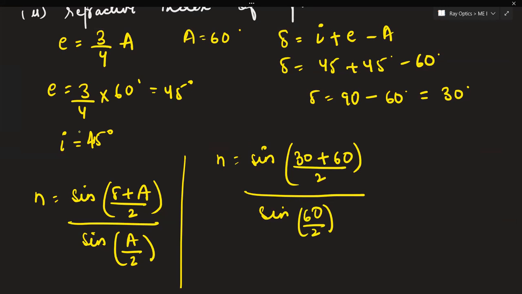Anyone who is having any difficulty, want me to repeat, please interrupt in between. So 60 plus 30, 90 by 2, that is 45. So sine 45 by sine 30 degrees, right?